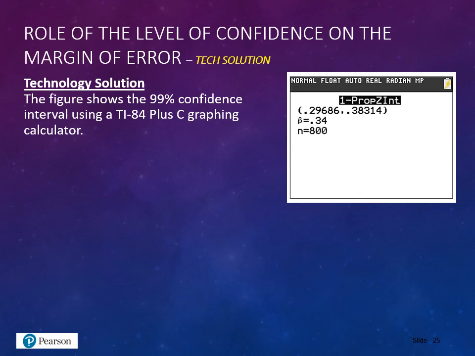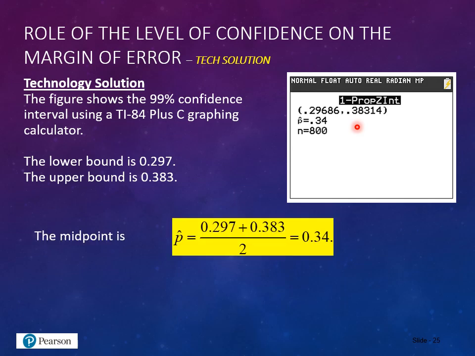Here we have a 99% confidence interval using the TI-84 Plus C graphing calculator. And here we can see that p hat is 0.34, the sample is 800, etc. We're given the lower and upper bounds in here. The lower bound is 0.297, the upper bound is 0.383.